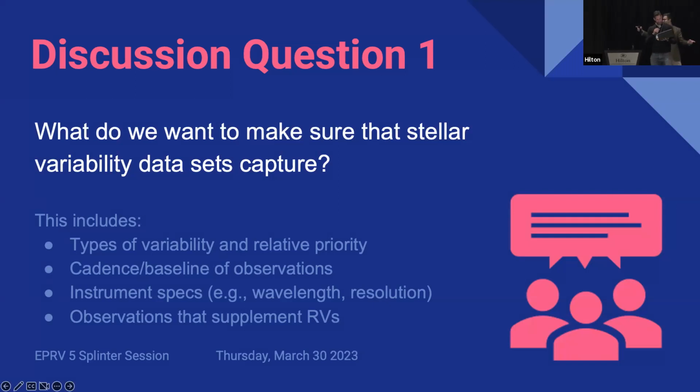What do we want to make sure that stellar variability data set captures? So we discussed the type of data and the type of stars we would like to observe.